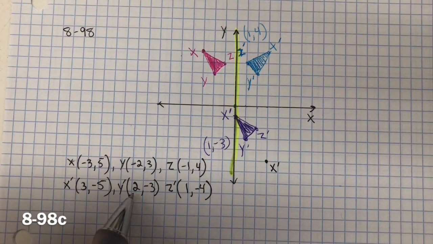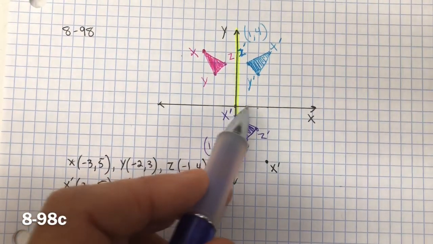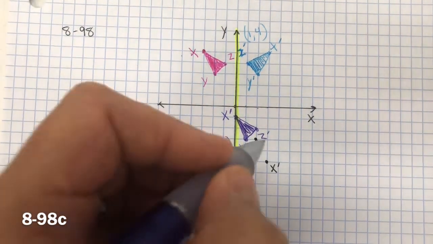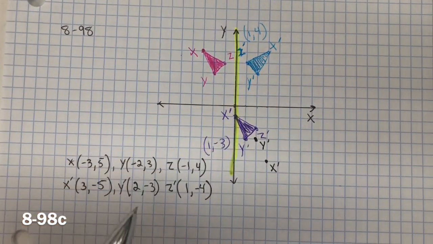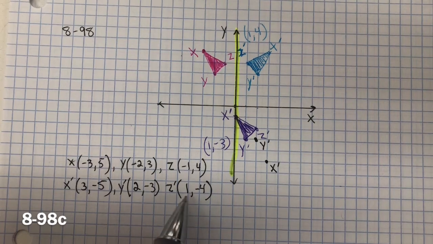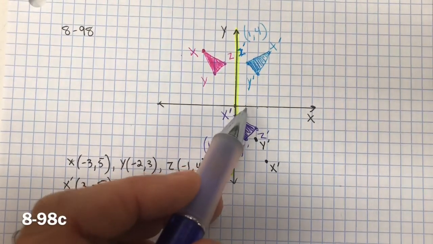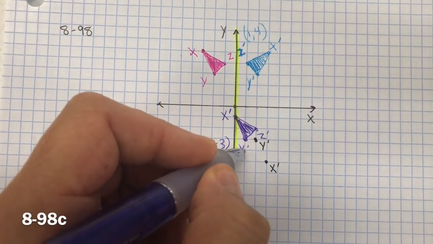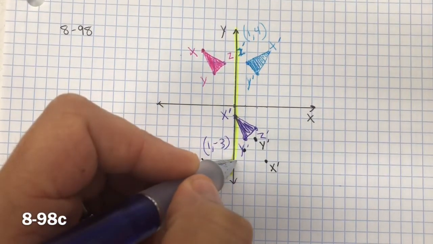This would be 2 on the x and -3 on the y. It's going to be my new coordinate. And then Z prime would be 1 on the x and -4, 1, 2, 3, 4 on the y. And that's going to be my new Z prime.